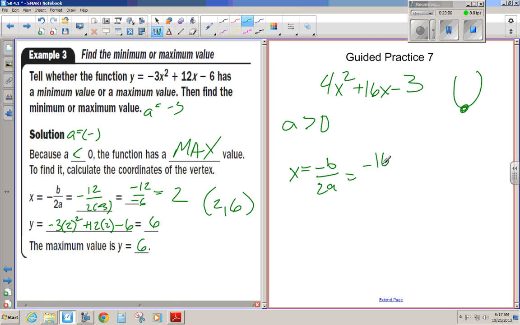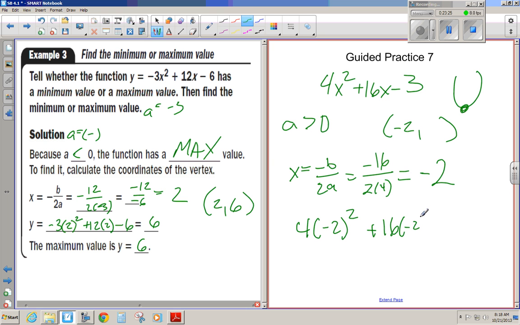So it's negative 16 over 2 times 4. That becomes negative 2. So the x value is negative 2. We need the y. So 4 times negative 2 squared plus 16 times negative 2 minus 3 gives us negative 19. You don't have to graph this. You just have to know that the minimum value is all the way down at negative 19.